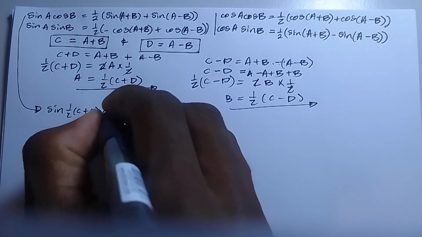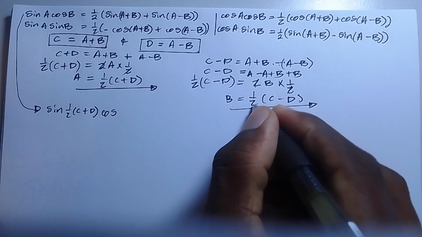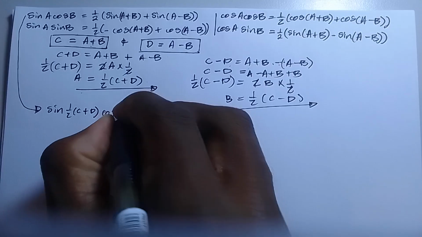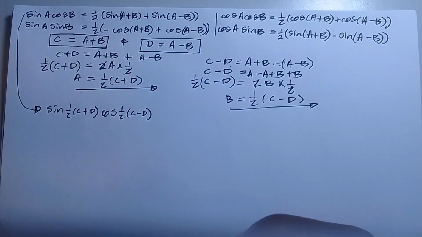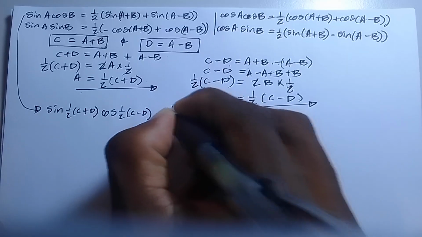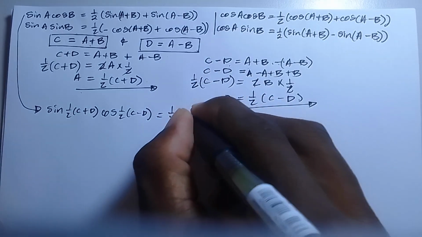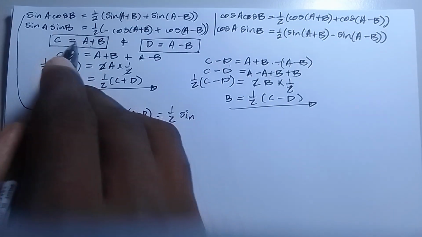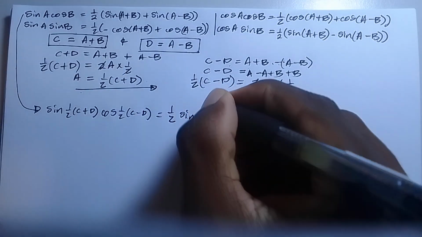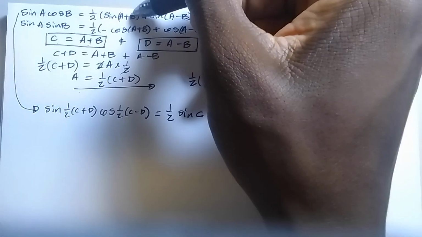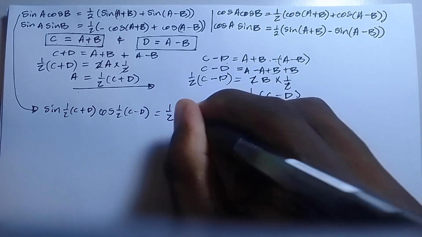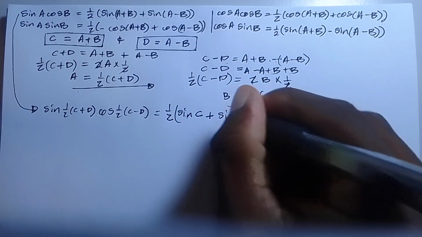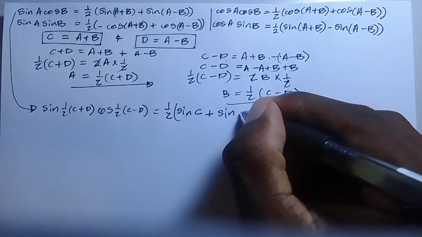And then we have cos B, but B is now half C minus D. So we have half into C minus D is equal to a half sine A plus B is C. So you put C. Okay, we are doing this. So plus sine A minus B, which is D. So you put D.